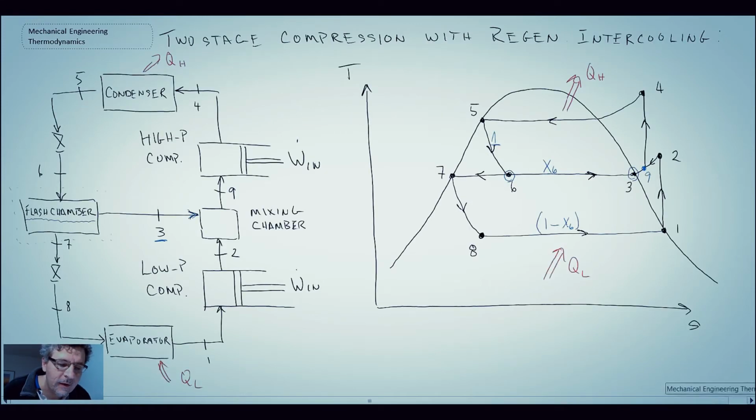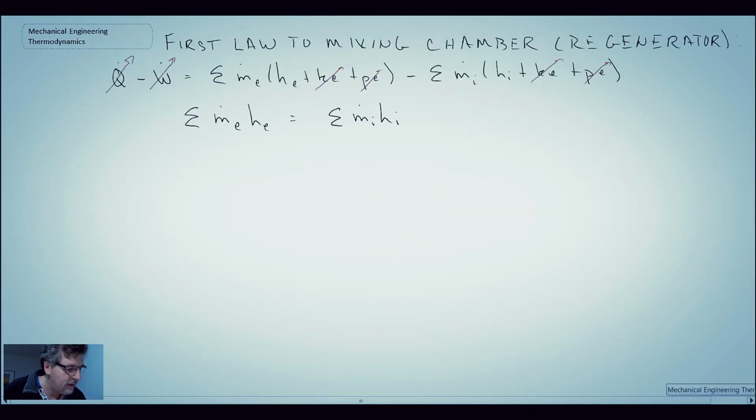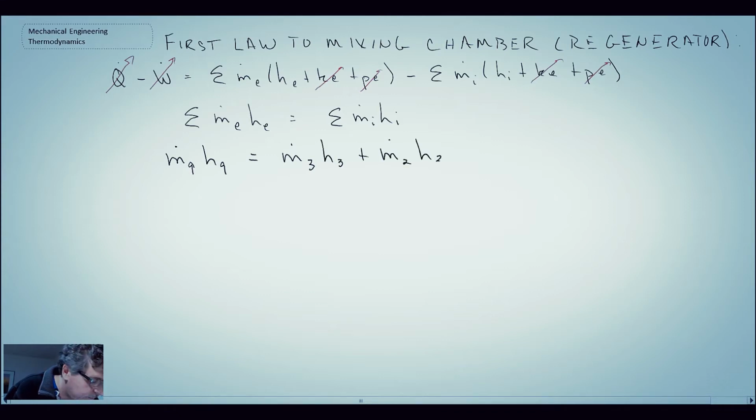When we look at the mixing chamber, we have fluid at state 3 coming in, fluid at state 2 coming in, and then fluid at state 9 leaving. So that enables us to figure out what's coming and what's going. The fluid leaving is fluid at state 9, and what's coming in is state 3 plus state 2.